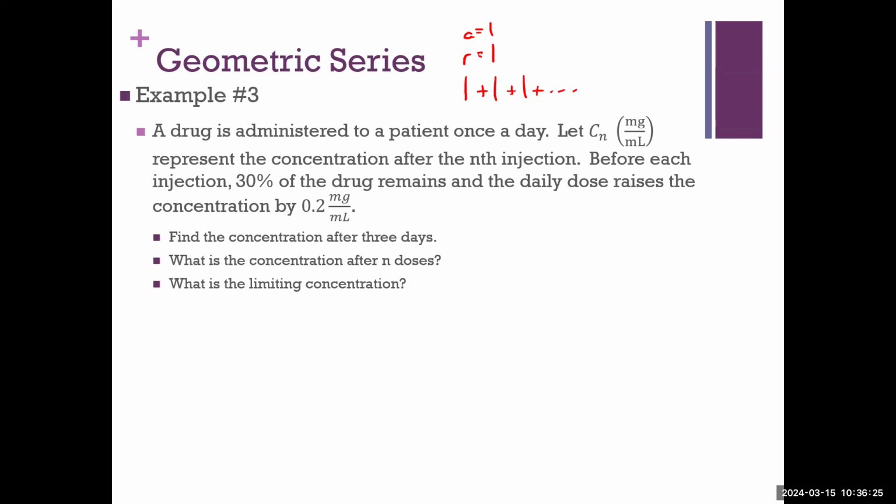So I'll give you a second to read this through here. So we're going to try to build up to a few things here. I want to find the concentration of this drug in someone's system after, let's just do it after the first dose here. So how would I do that? Did I not say what the initial dose was?